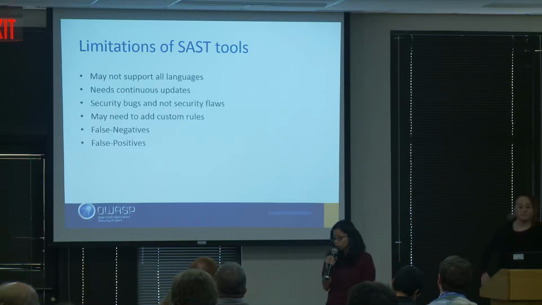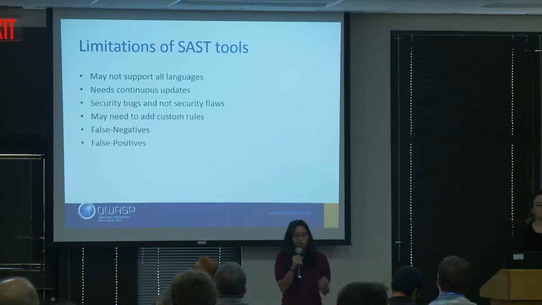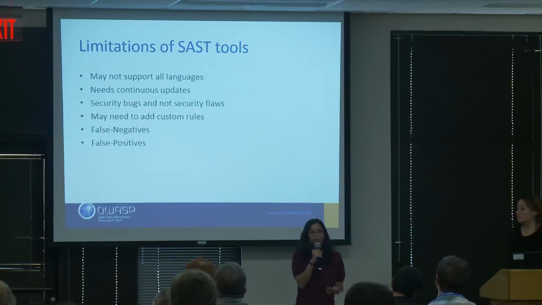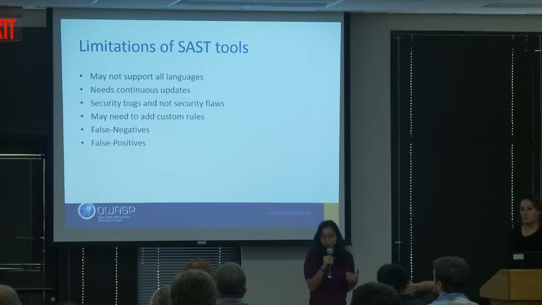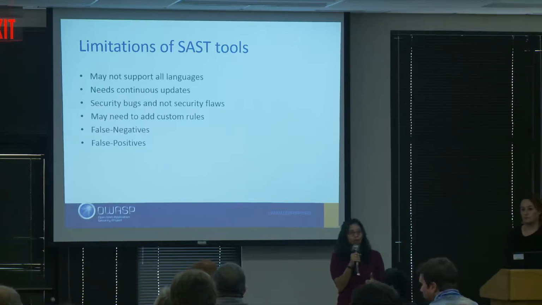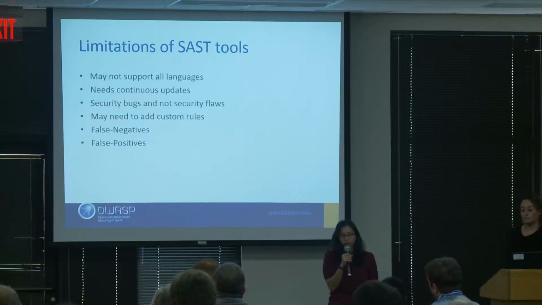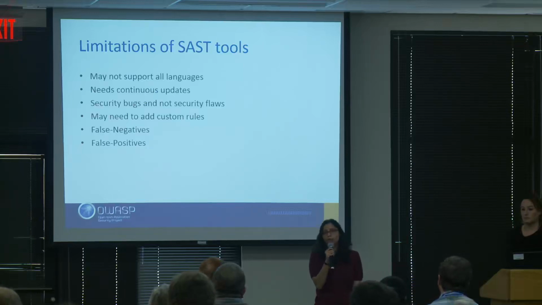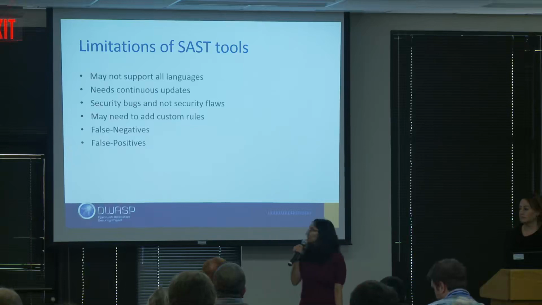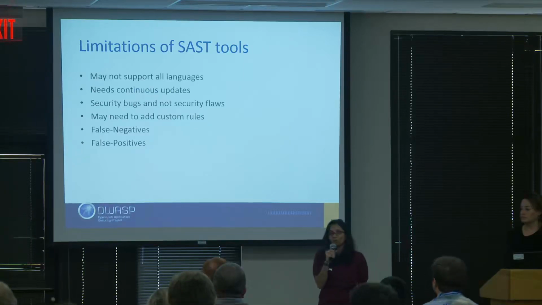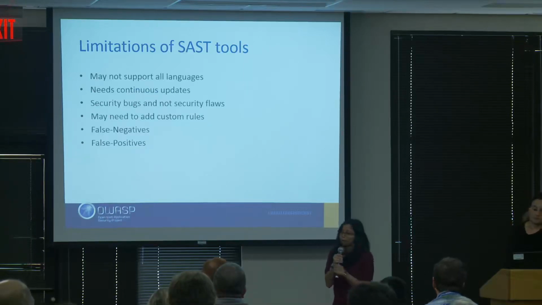And sometimes what happens is when you run these SaaS tools, you get a false sense of security, that, hey, since you ran these SaaS tools, you're all security proof. Nobody can cause a breach now. But that's not 100% true. These SaaS tools, after all, are just tools, right? They can only do so much for you.